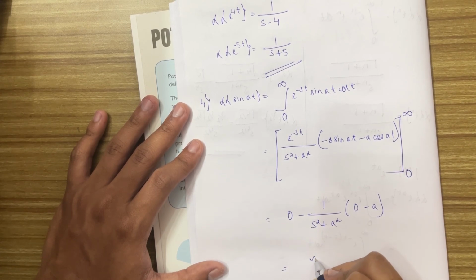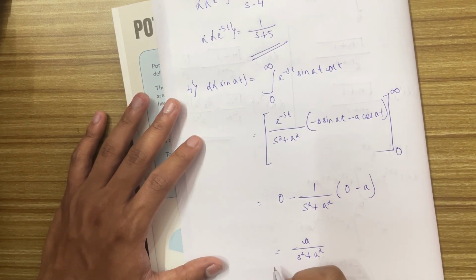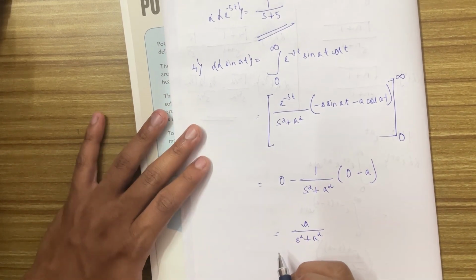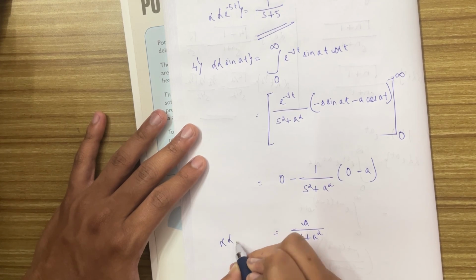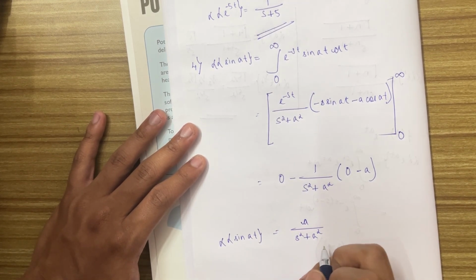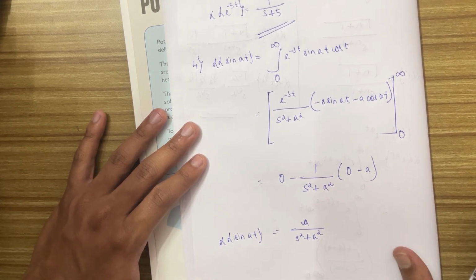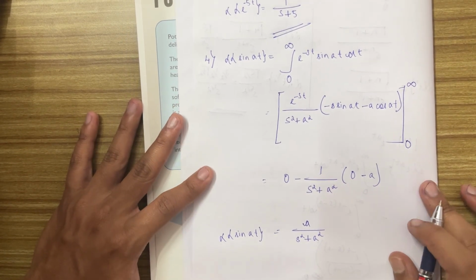So what we got is a by s square plus a square. So another formula: Laplace of sin at is equal to a by s square plus a square.